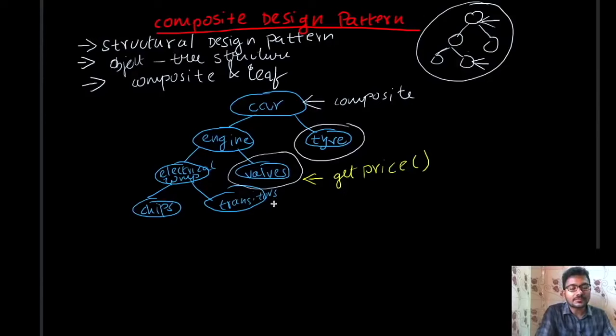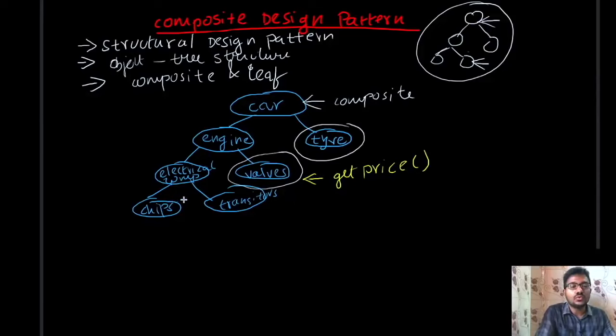So you can get the price of transistors, chips, valves, tires, engines, electrical components, cars and so on. So the operation which applies on a leaf object also applies on the composite object and other leaves and other composite objects. Then this would be considered a composite design pattern.